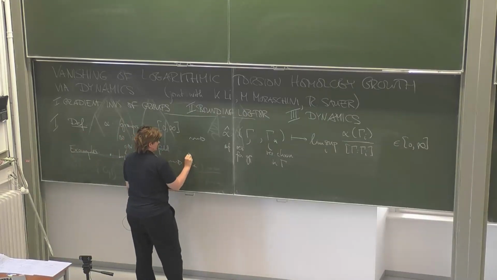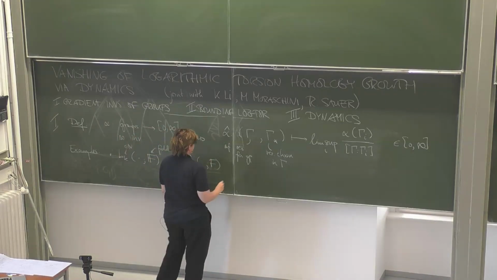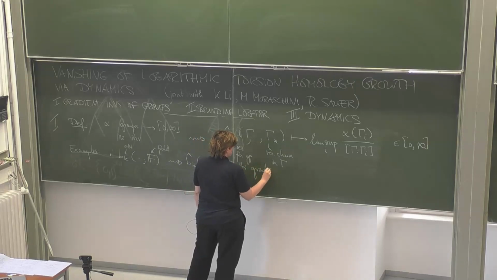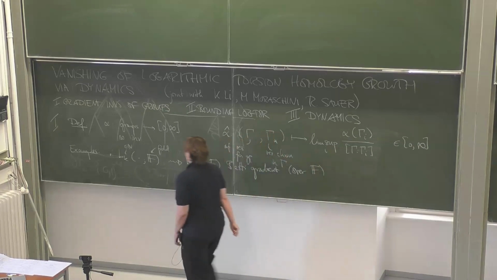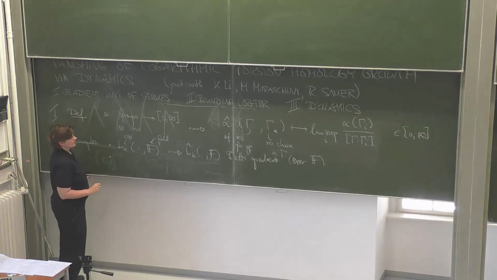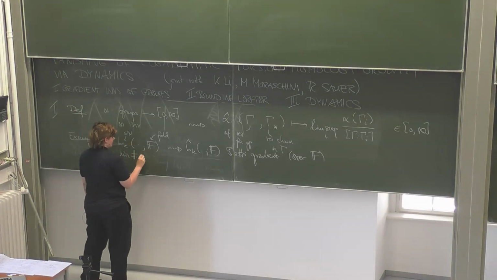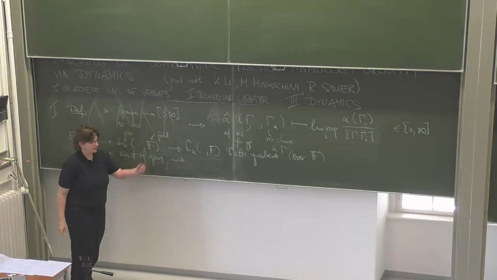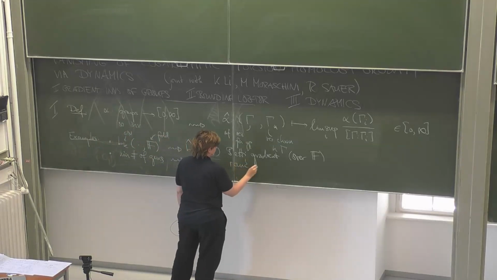I'll denote this by b_k hat, in this case with coefficients in F. So this is a Betti gradient over F. This is a very natural thing that you can do. Another thing that you could do is take the minimal number of generators, and then you would end up with the rank gradient. I'll denote this by RG, the rank gradient of the group.